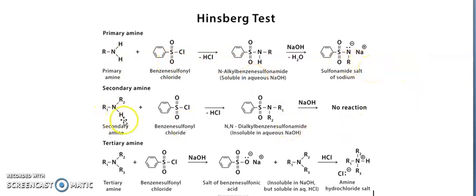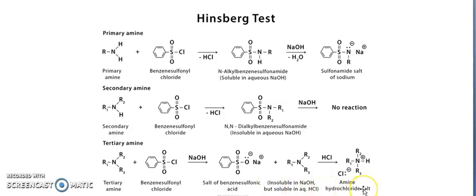And secondary amine reacts with benzene sulfonyl chloride by replacing one of the hydrogens attached to nitrogen, but it does not dissolve in NaOH because it does not have any more hydrogen. And tertiary amine does not react with the benzene sulfonyl chloride. It appears insoluble in NaOH, but soluble in aqueous HCl.